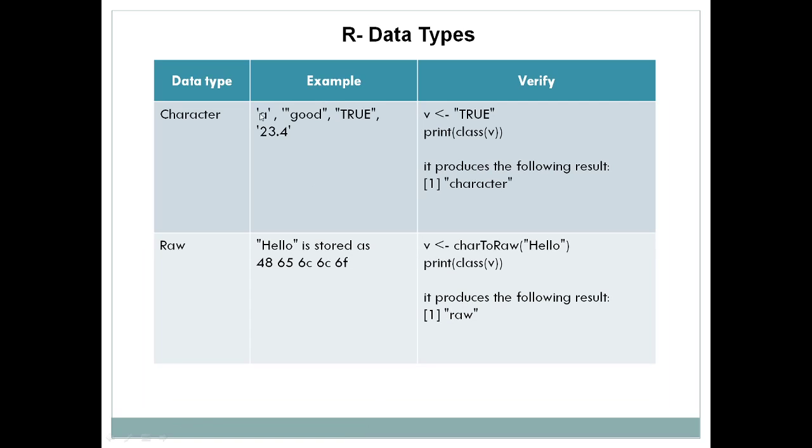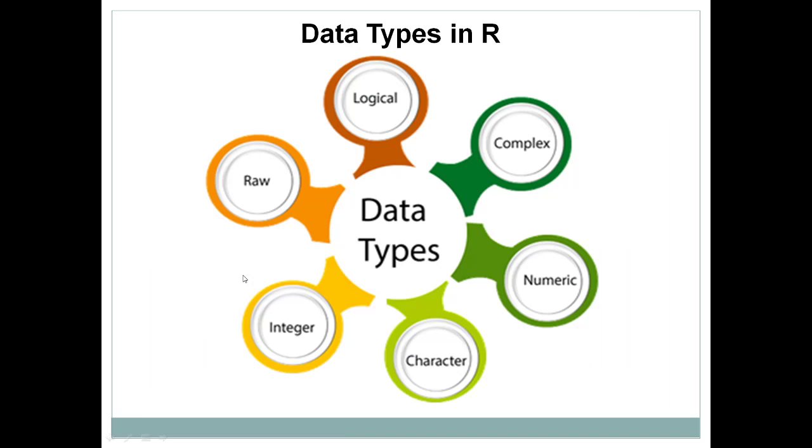Then the next one is character data. In order to store character type of data, we have the character data type. And raw data, it's a combination, you can say hexadecimal, means here you can see a combination of digits and characters, just like hexadecimal. So you can have the raw data type also. So these are the data types in R.